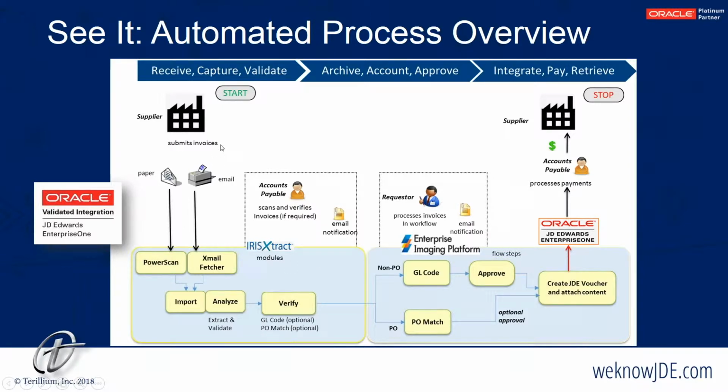But if I could just step through the normal process here, as far as things that tend to stay the same or tend to be manual, it's no great surprise that suppliers are still sending buying organizations invoices, like you see at the very top left. That's where the process starts. Of course, a solution like this can handle other types of input channels, things like electronic invoicing networks and EDI and those sorts of things.